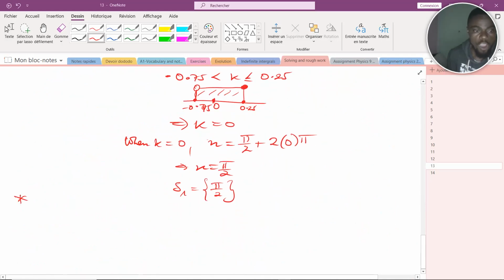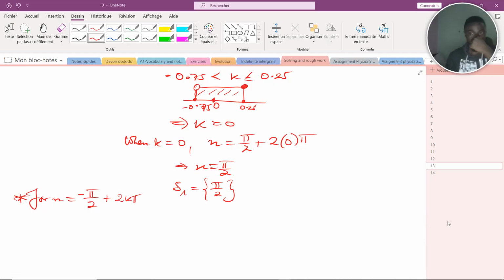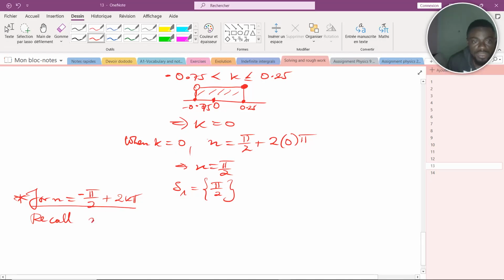Let's now go for this other one. We have x equals minus pi on 2 plus 2k pi. Let's do this. Recall that x belongs to minus pi, pi.